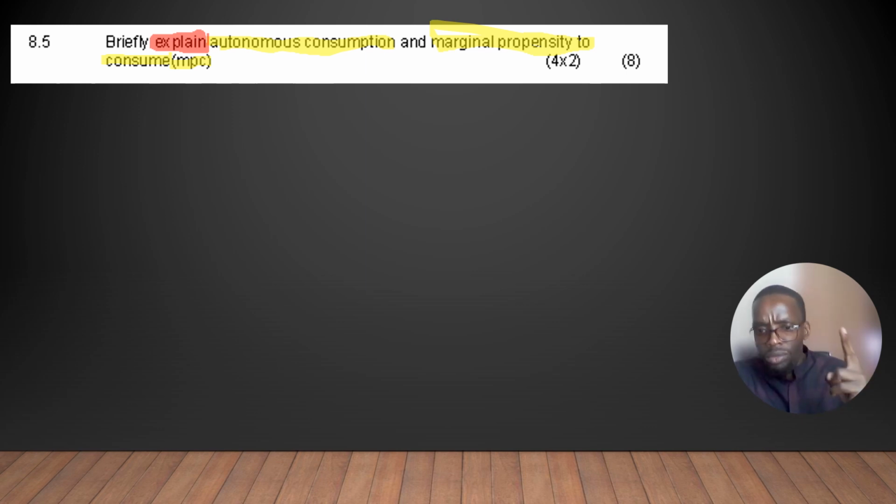So you just give me any 2 correct points under autonomous consumption, and any 2 correct points under marginal propensity to consume, I accept it as well. So that's 4 and 4, and that's how you are marked out of 8. You could have given me any 2 of those.